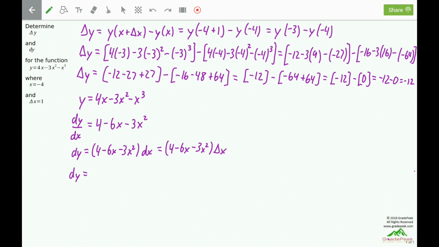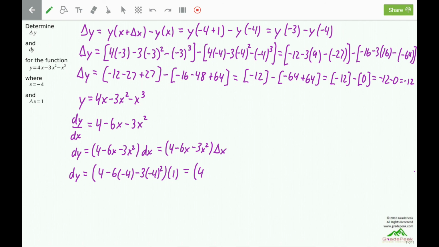To find dy, we can now plug in the negative 4 for each of the x's and the 1 for the delta x, giving 4 minus 6 times negative 4 minus 3 times negative 4 squared times the delta x of 1. 4.